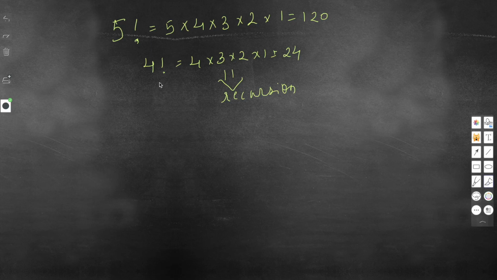So I have made one framework that has 4 steps. If we follow those steps, we will be easily able to design a solution using recursion. So the first step is find out the base case.